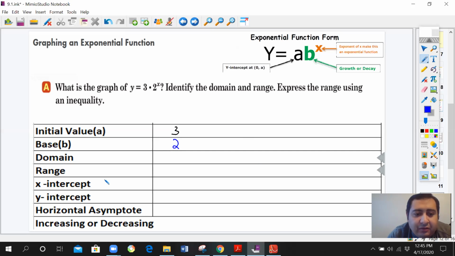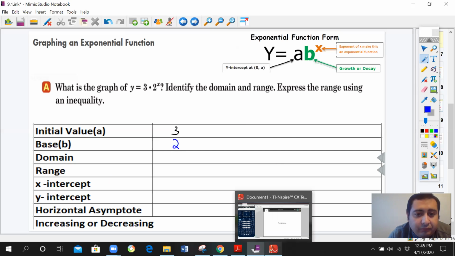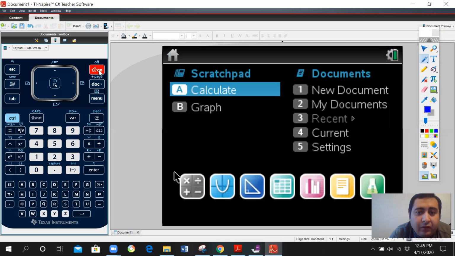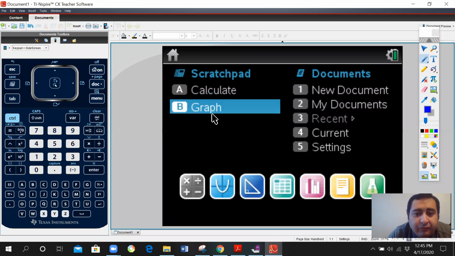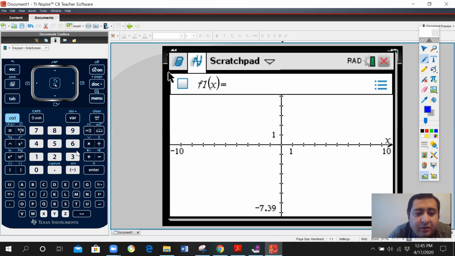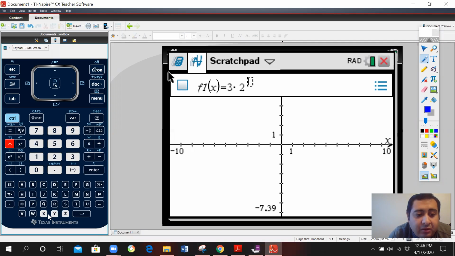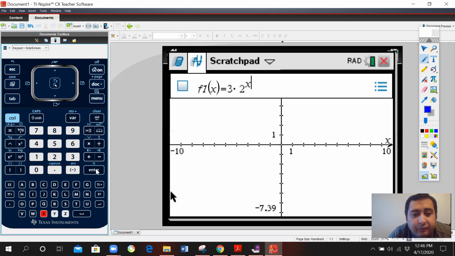Your domain and range. Let's go ahead and use the calculator to look at this. Let's go ahead and use graphing, and let's graph this. So we have 3 times 2, and then to the power of x.